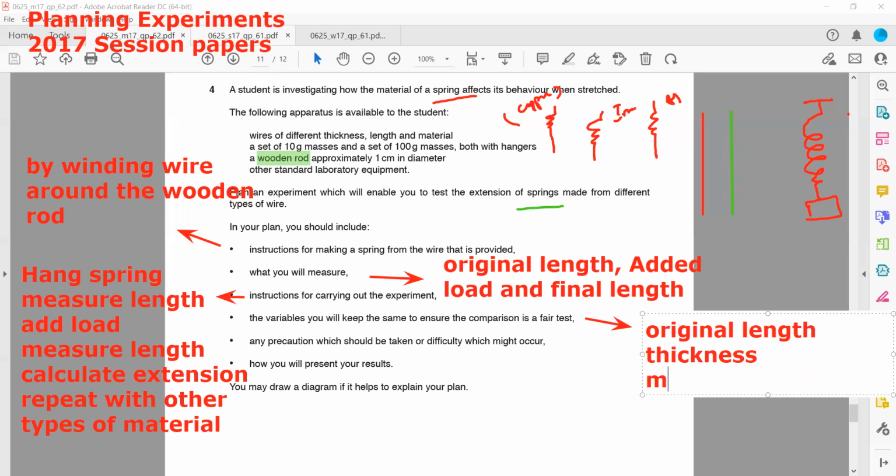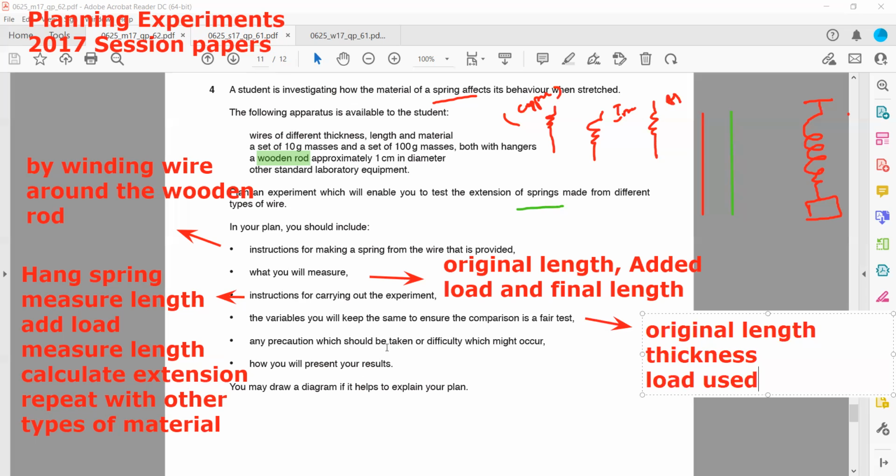The mass used or the load used should be same. Like for a spring which is made up of copper, if we are using say 10 gram mass, so for spring 2 we should also use 10 grams. Spring for iron also 10 gram, for aluminum also 10 grams. So the load which we are using should also be same.